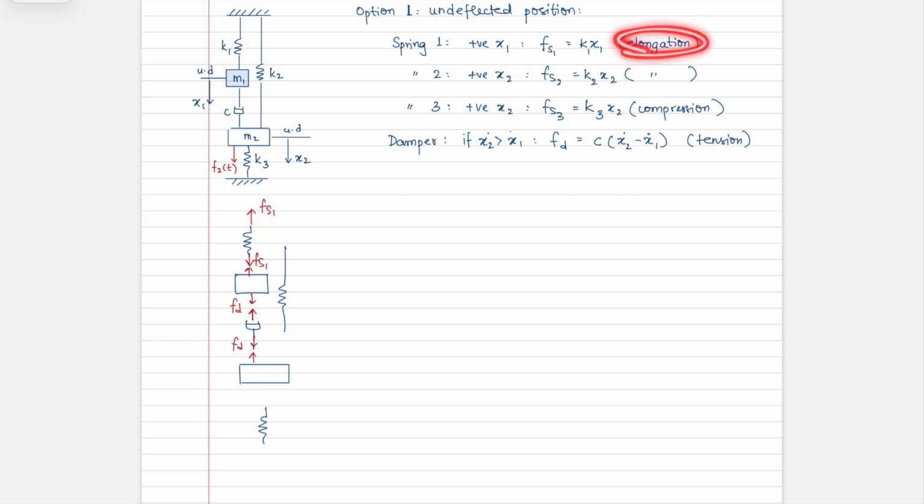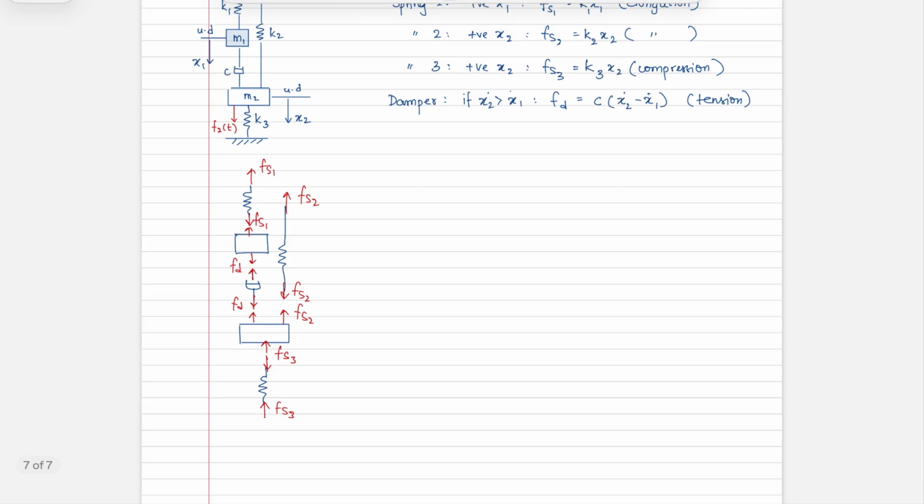So I'm drawing it according to what I've defined. Here you have, this one is in compression, so this is being compressed. So you have the reaction force as shown. There's Fs3. And this one is in elongation, so it's in tension, Fs2. And this here is Fs2. And now you have to account for all the external forces. So there is mg, well, actually it's m1g.